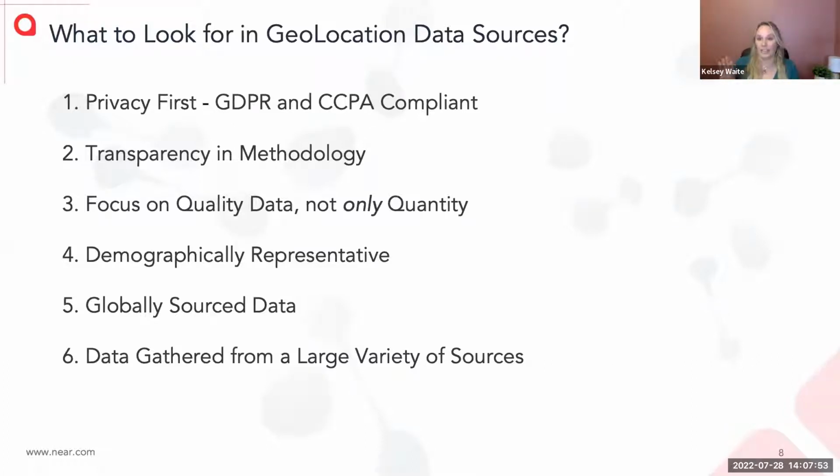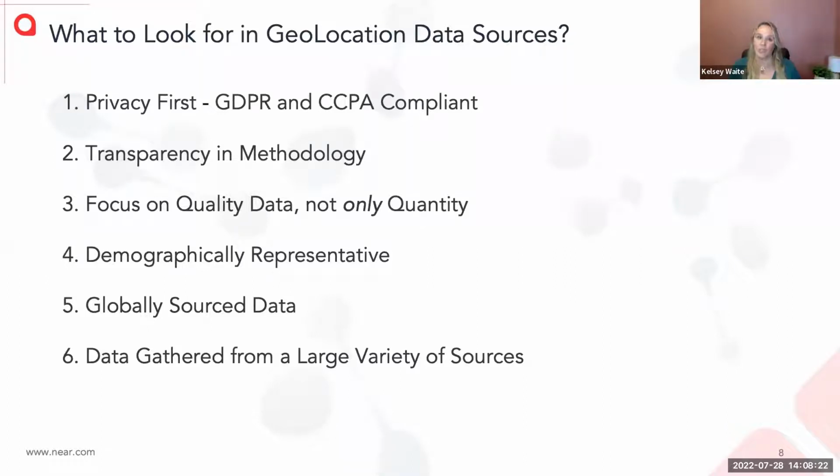So not only for the US, but that they have global data and then therefore are GDPR and CCPA compliant. For example, we are compliant by using opt-in data only. We do location services on the app and not on the cell phone, and we take measures to make sure that they are of age and consent to having that data looked at.